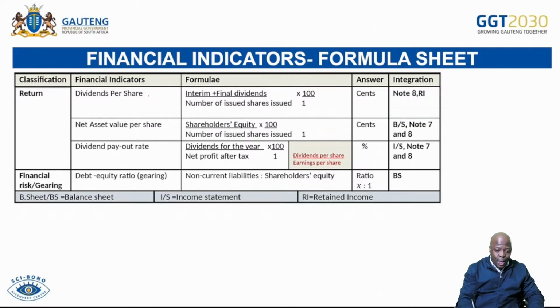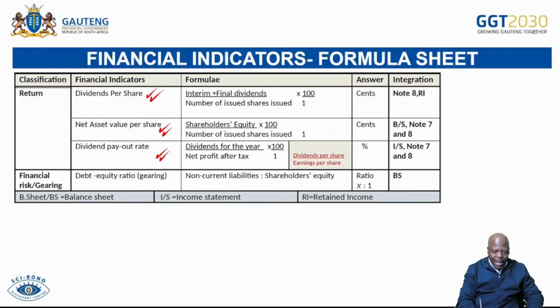And you also have your dividends per share, DPS, and your net asset value per share, NAV. You have your dividend payout rate. It simply says, when we look at the dividends that were paid, what percent of earnings were actually paid as dividends. I'm going to do it with you as we go.